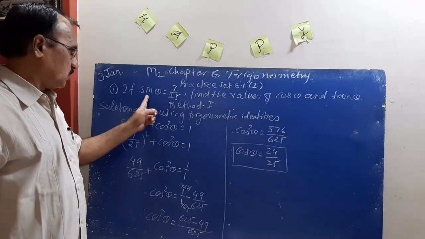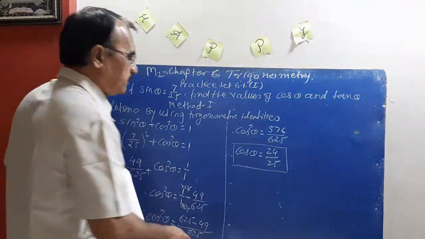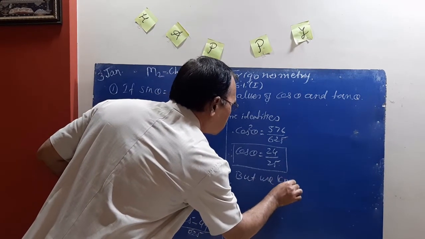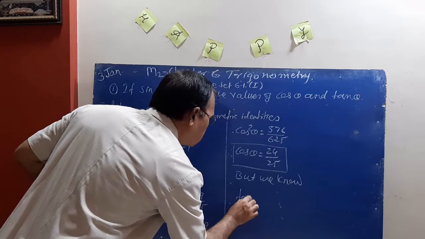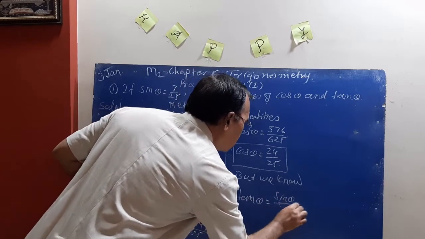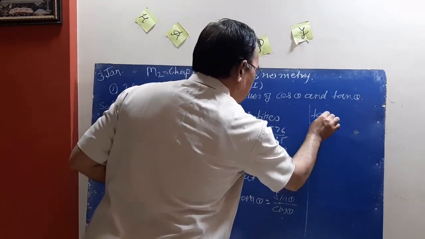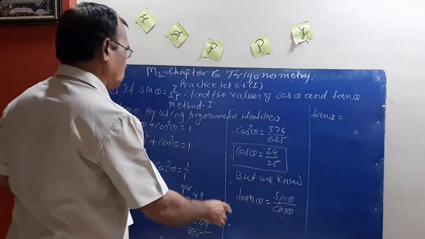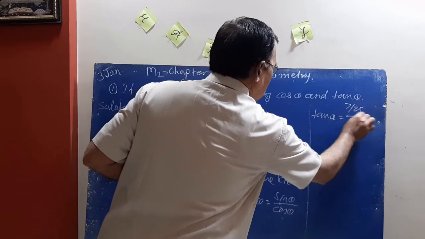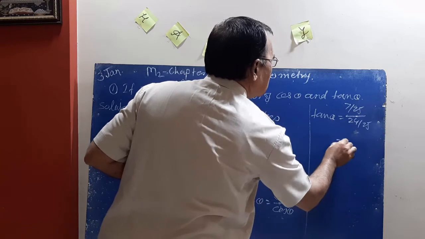Now if we know sin theta and cos theta, then we can find tan theta. We know tan theta is equal to sin theta upon cos theta, and therefore tan theta is equal to 7 upon 25 divided by 24 upon 25.